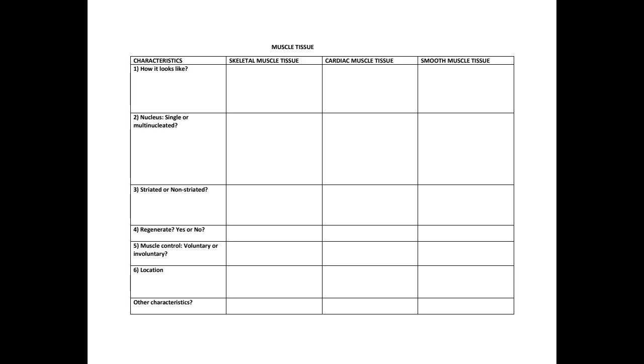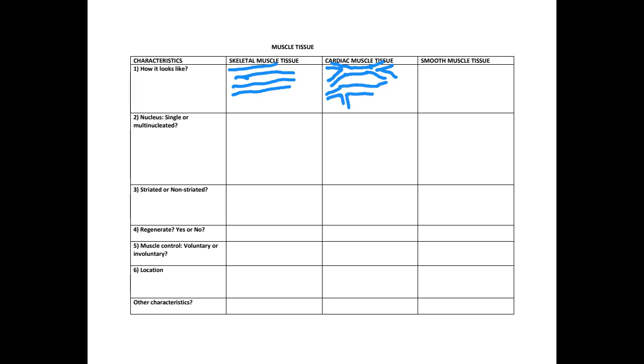Okay, so the skeletal muscle tissue, what does it look like? When you look at it, they are long and cylindrical. They look like long cylinders. Cardiac muscle tissue looks like it has branches, like branches on a tree.